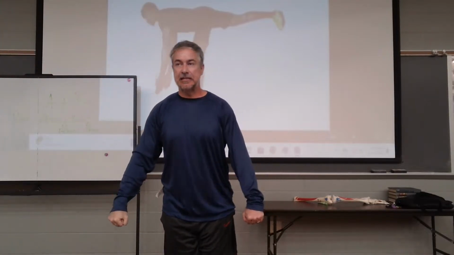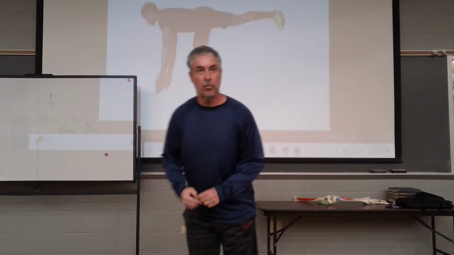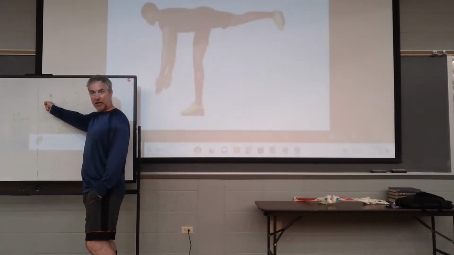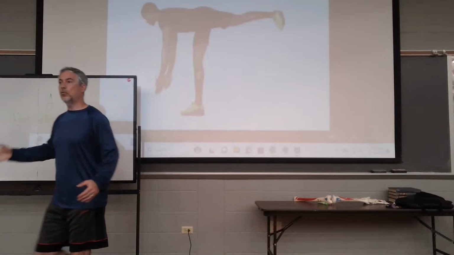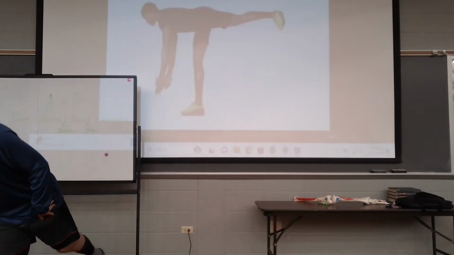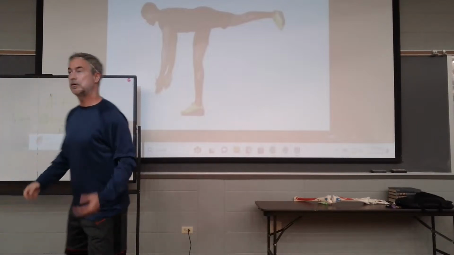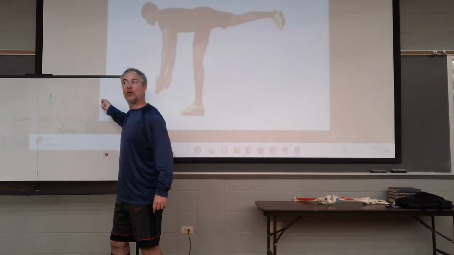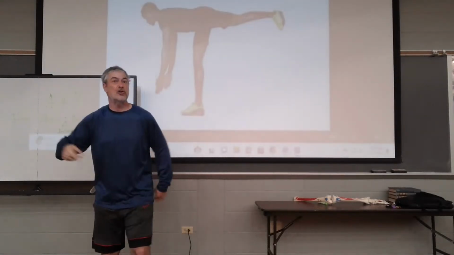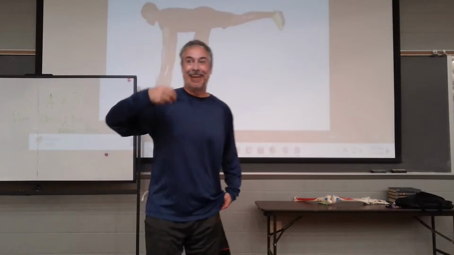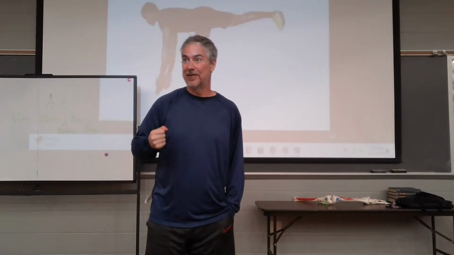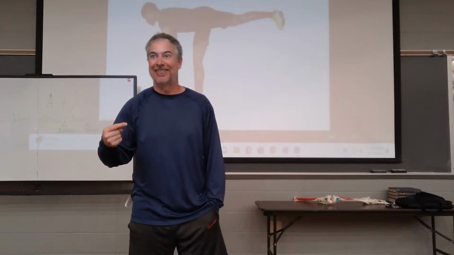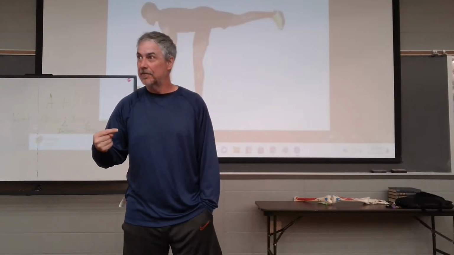Now, when he goes down, what motion would we observe? I need extensors of my right hip, but when I go down, what motion do I observe? Flexion. Extensors do flexion through eccentrics. Guys, there's no exception. That's just how muscles work. If you're like, I'm noticing a pattern, yes.